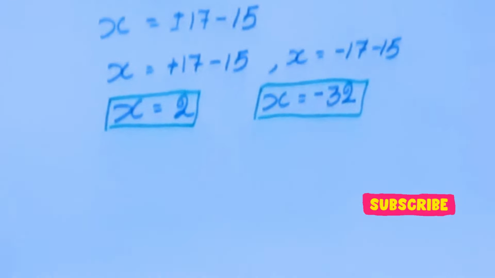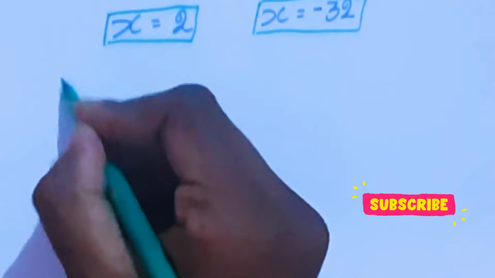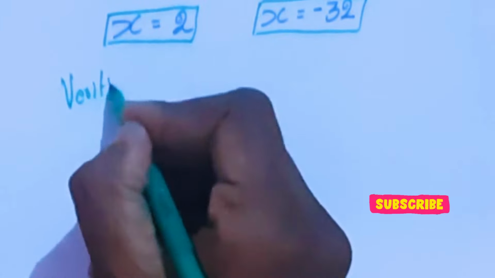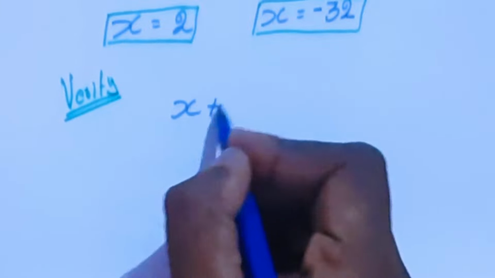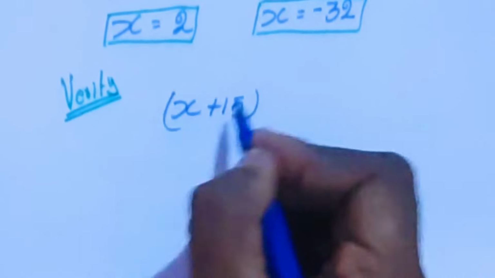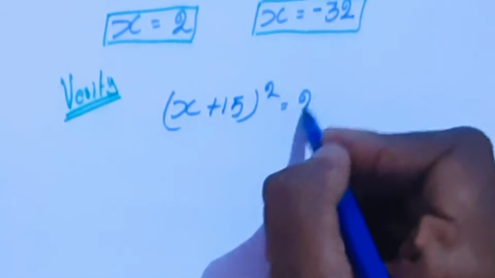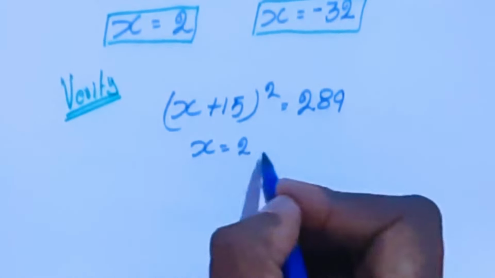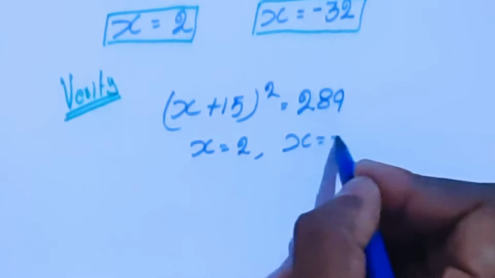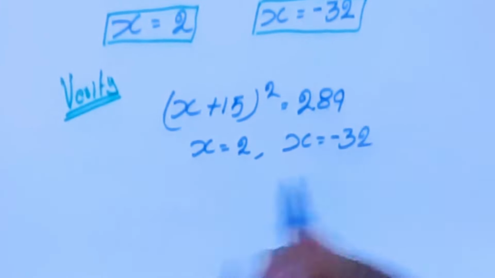Now we are going to verify the equation (x + 15)² = 289. Here x = 2, x = −32.